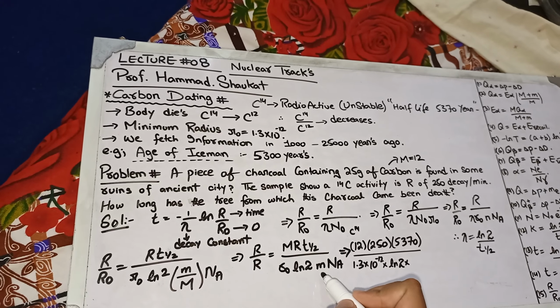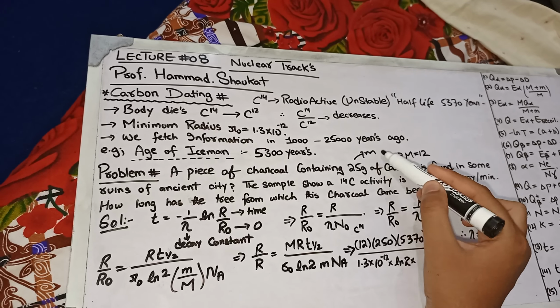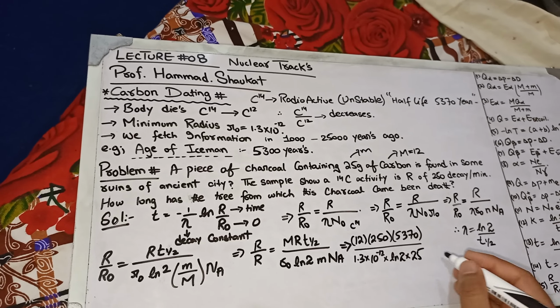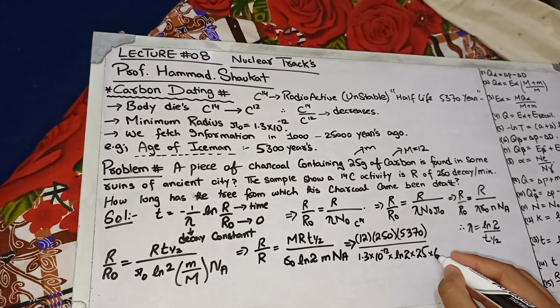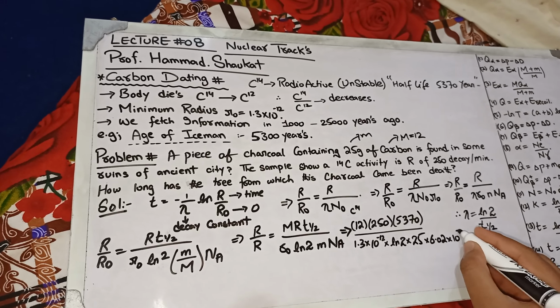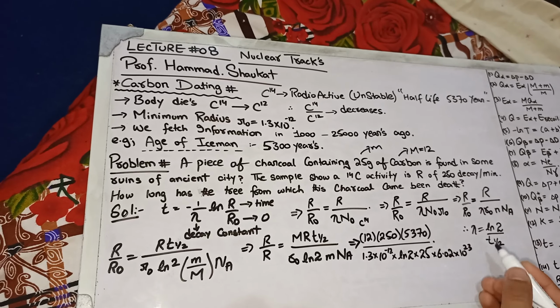Small m is basically the mass in grams, which is given as 25. So here 25, and Avogadro's value, you know, is 6.02 multiplied by 10 raised to power 23.